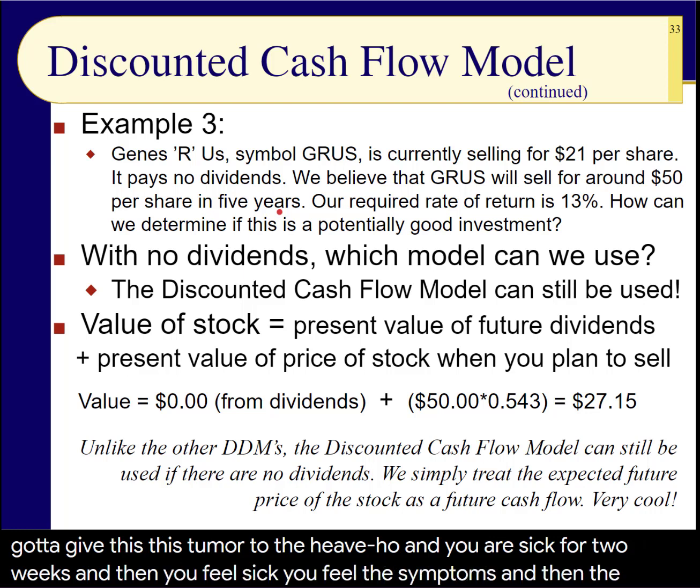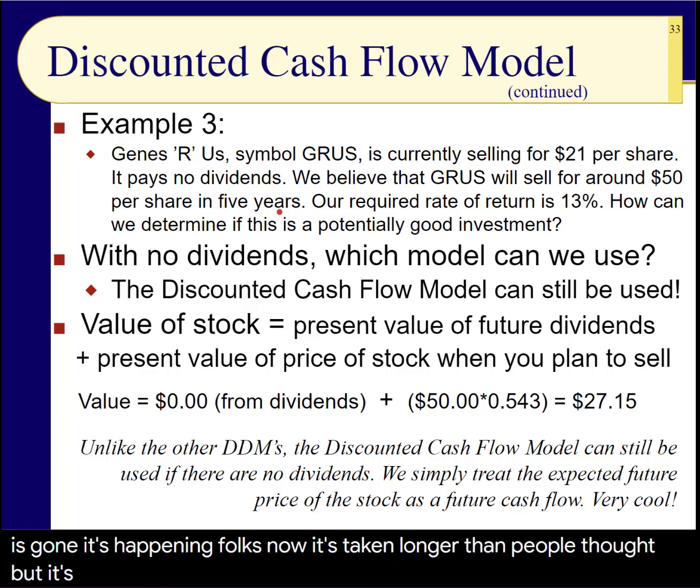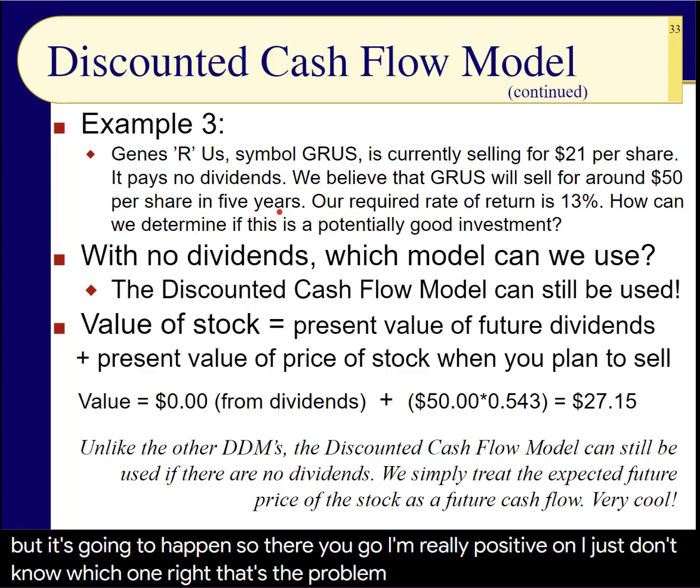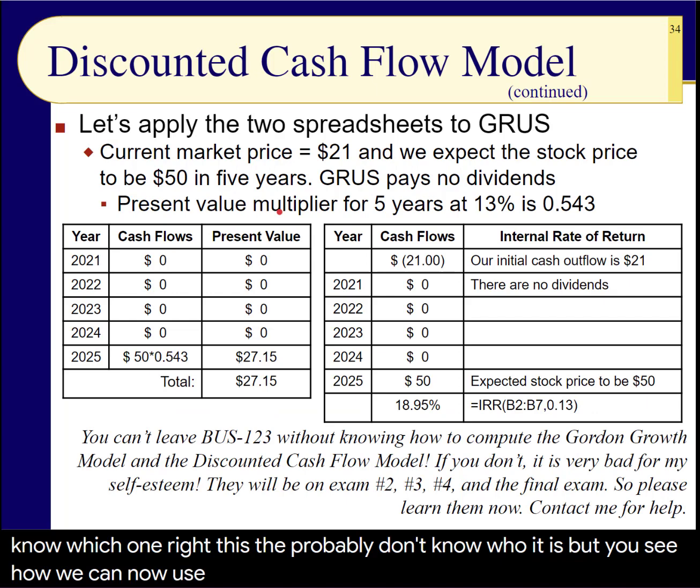And then the tumor's gone. It's happening, folks. Now it's taken longer than people thought, but it's going to happen. So there you go. I'm really positive on it, I just don't know which company, right? That's the problem. You don't know who it is. But you see how we can now use the discounted cash flow for these speculative stocks.